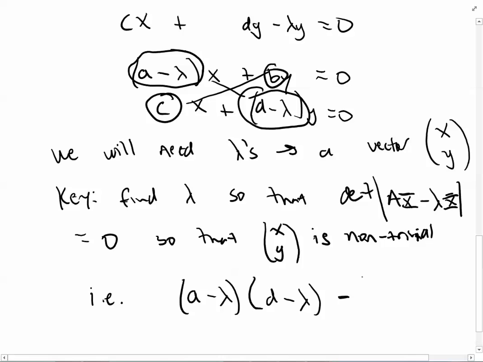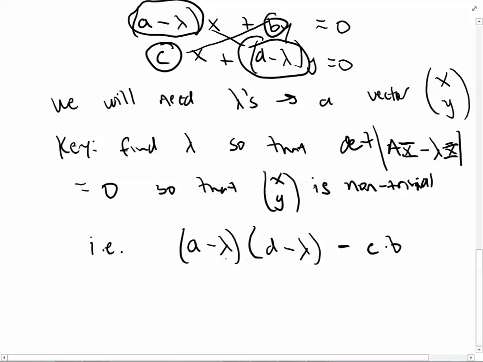What that really boils down to is if you FOIL it out and solve for lambda to get it equal to 0, then you'll ensure that the system of these two equations has a non-trivial result. Okay, so let's try with our example.